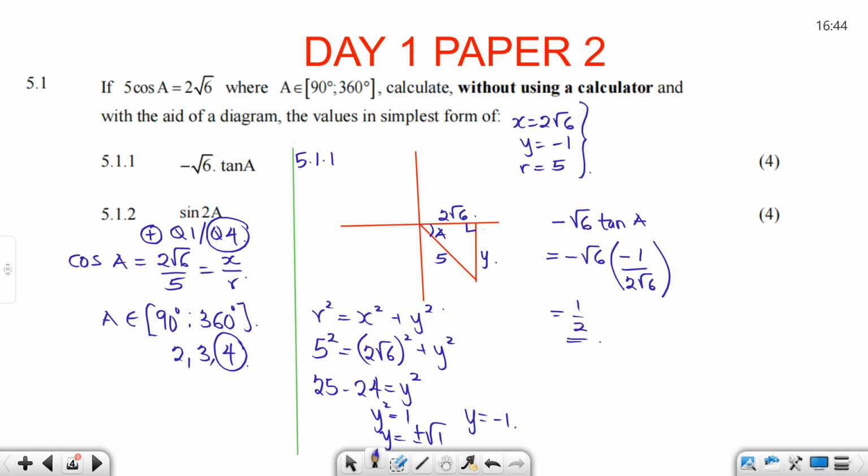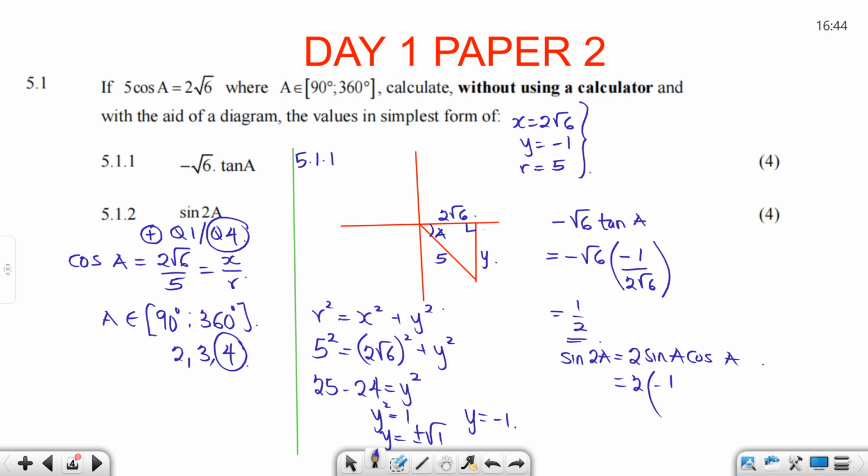Sine 2A. What is my sine 2A? It's an identity. Compound angle or double angle. Good. What is sine A? Opposite over hypotenuse, which is Y over R. Negative 1 over what? 2 root 6?